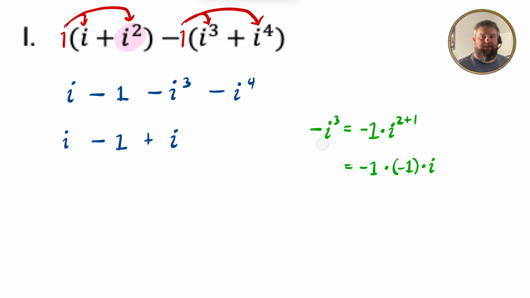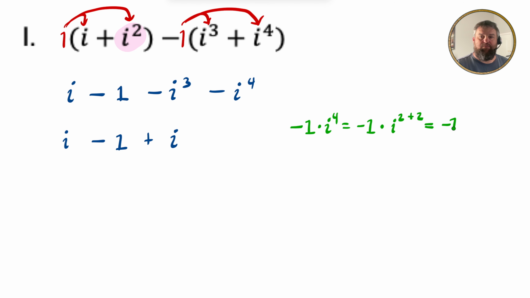Okay, now let's figure out how to handle the minus i to the fourth. And minus i to the fourth, well, just like before, that's just negative 1 times i to the fourth, which is just negative 1 times i squared plus 2, which is just negative 1 times i squared times i squared.